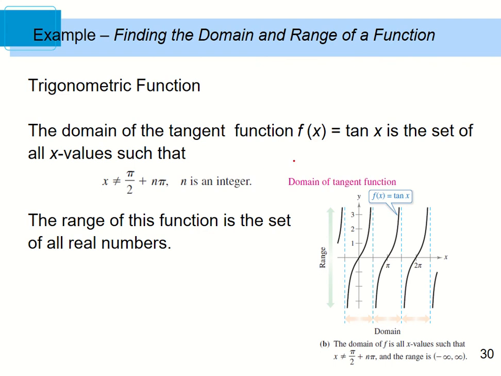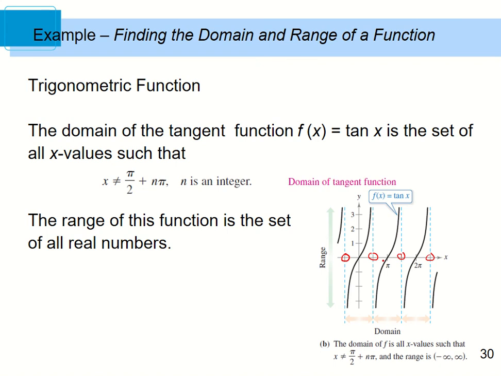Now for the tangent function, as you can see here, this is the graph of the tangent function. For x, it can be any value except at the asymptotes. What is the value of the asymptote?